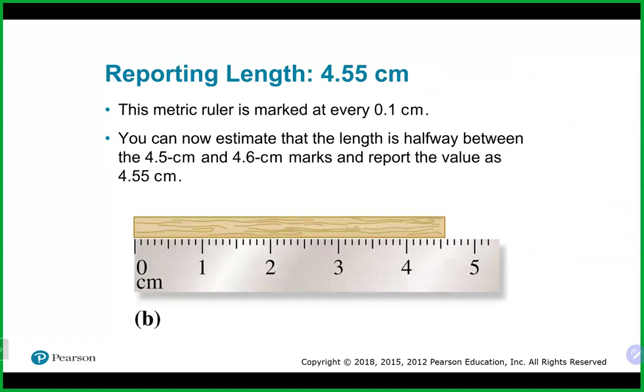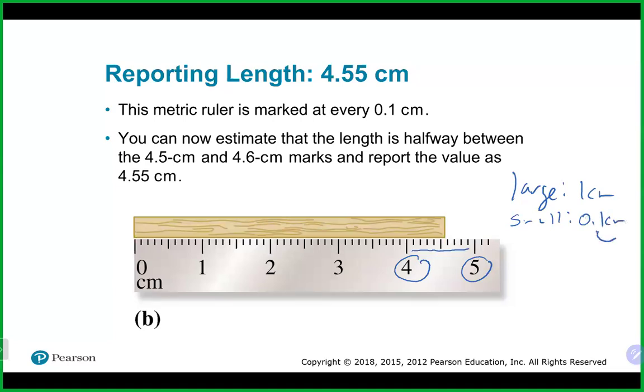Here we again got a ruler like we were looking at. We got 4 and 5, which are large markings, is 1 centimeter. If you count them up, we have 10 little markings going on between the two. So again, 1 divided by 10 gives you how much the small markings represent, which is our 0.1 centimeter.